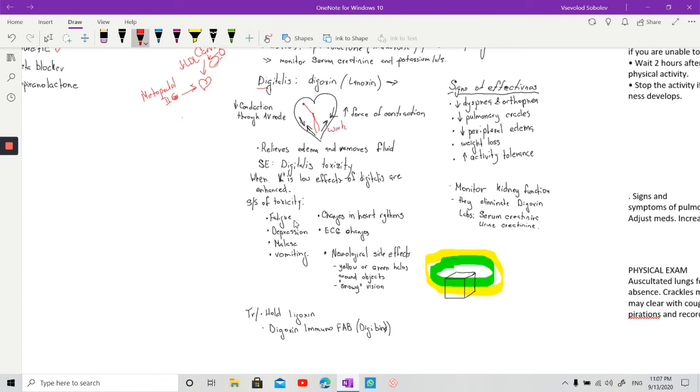So it lowers the conduction through the AV node, atrioventricular node, and then it also increases the contraction. It relieves edema, removes fluid, but digoxin is a very toxic and very fastidious medicine.